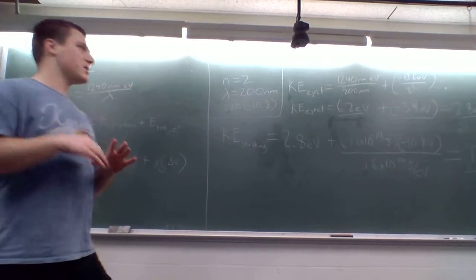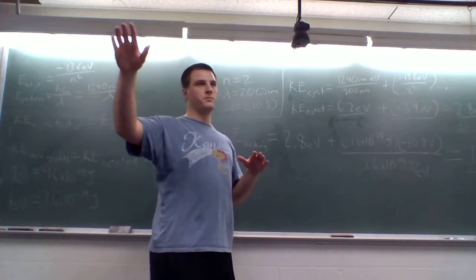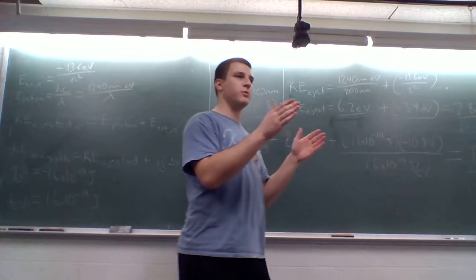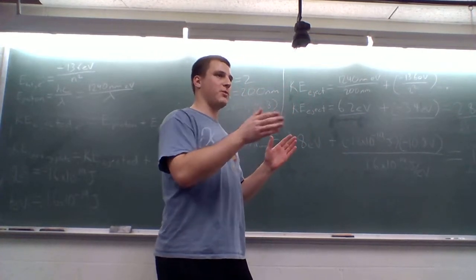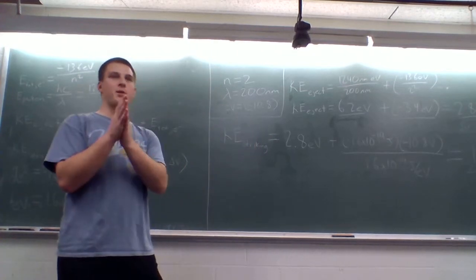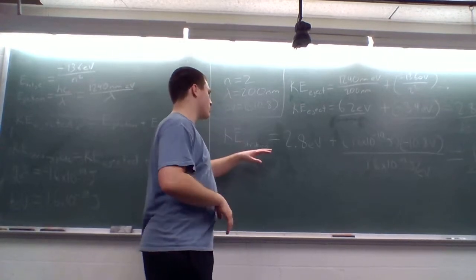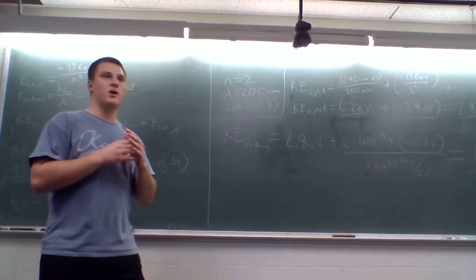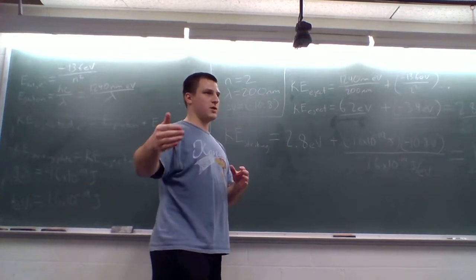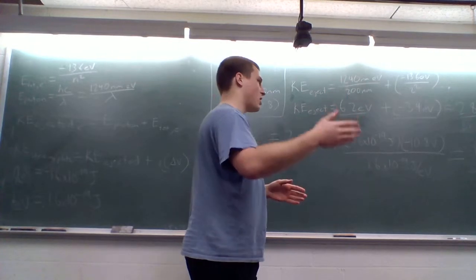So basically we're just adding this kinetic energy that we got from ejecting the electron, and then adding the potential energy it starts with from this plate, because by the time it hits that plate, all of that potential energy will turn into kinetic energy. So the kinetic energy when it's striking the plate will be the kinetic energy it started with by ejecting it, plus the potential energy that it had once it was ejected that was caused by this plate.